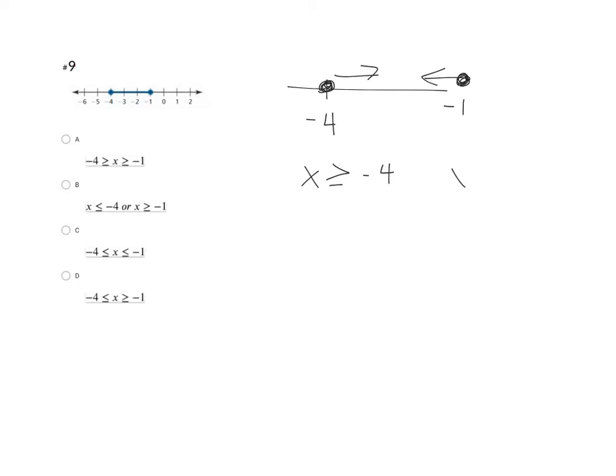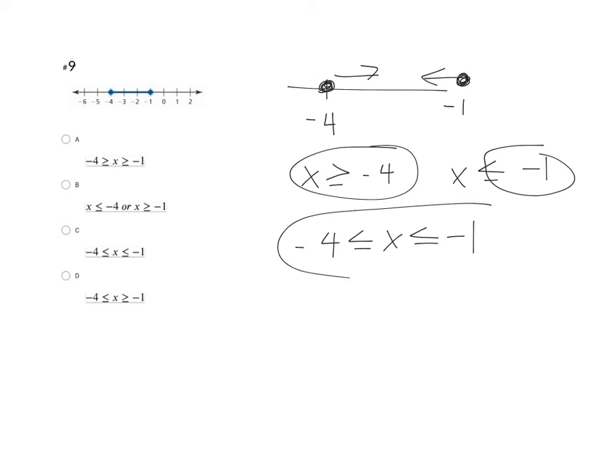You would write that as x less than or equal to negative 1. Now remember with the and, we combine these, right? So I take my smallest one, which happens to be this one, and I flip it. That would be negative 4 less than or equal to x less than or equal to negative 1. Looks to me like that is letter C.